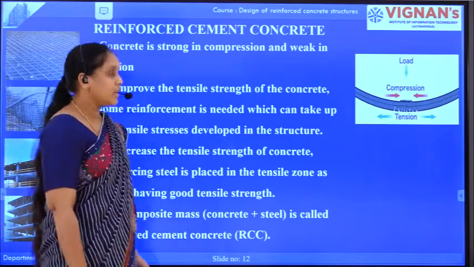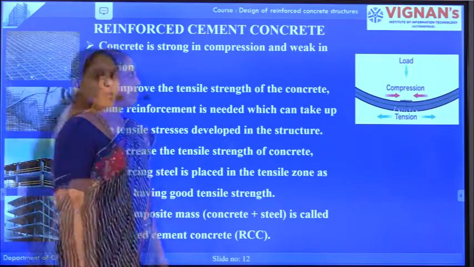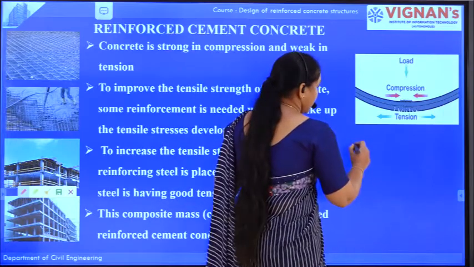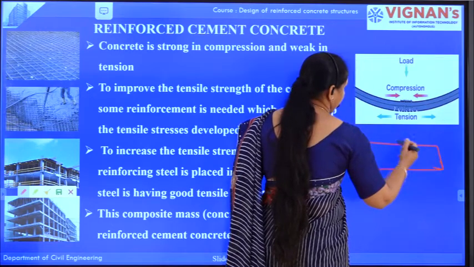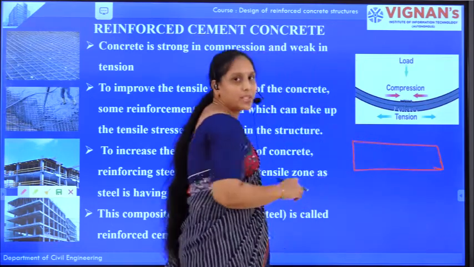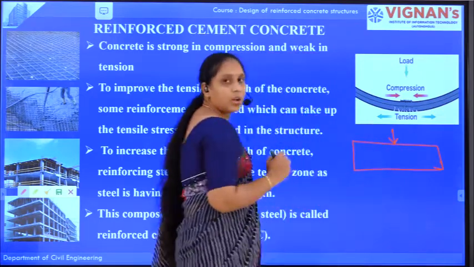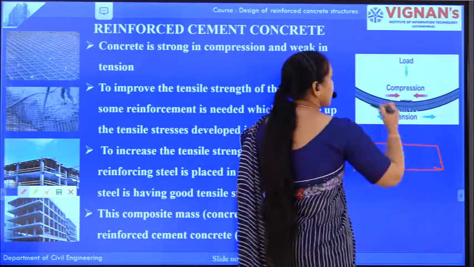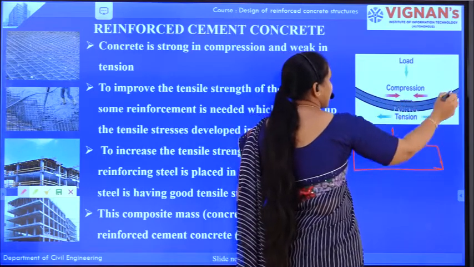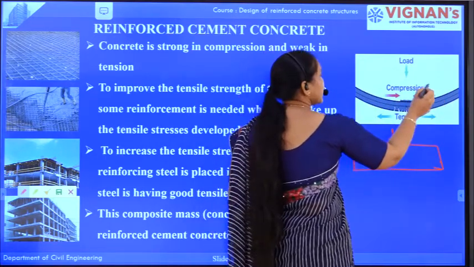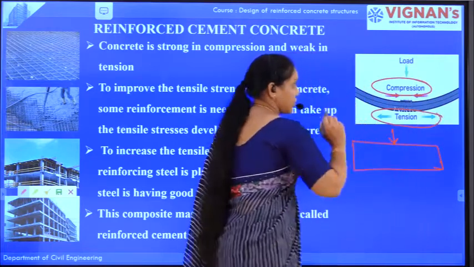For example, let us consider a plain cement concrete beam. If some external load is acting on the beam, what is happening? You can observe here that the beam is bending like this, and the topmost part is under compression and the bottommost part is under tension.